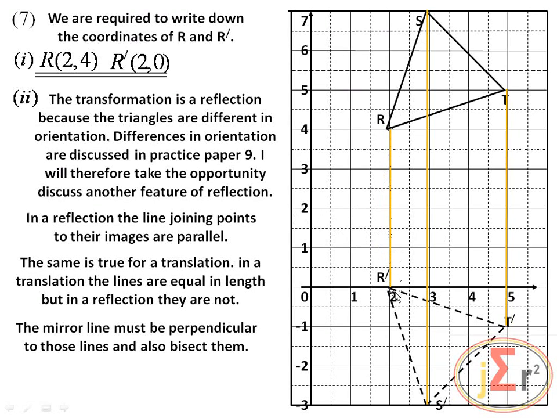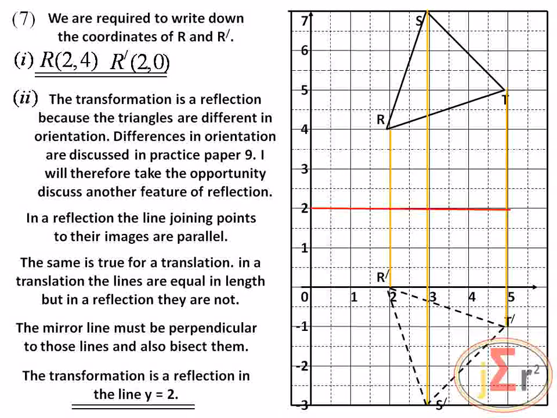That means the mirror line must pass at 2 units. So the mirror line will be right there at y equals 2. And that is your mirror line. The transformation is a reflection in the line y equals 2.